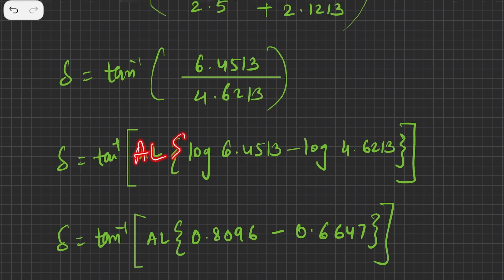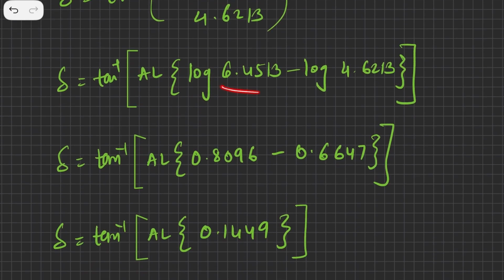Wherever you apply anti-log, log is always applied, and because there is a division, you put a minus sign. Then the characteristic of this number is 0 because there is only one digit before the decimal, and then you watch 64, 5, 1. 3 has to be ignored. Same way, the characteristic of this number is 0, and you need to watch row number 46, second column, and the first mean difference. So you get this thing.